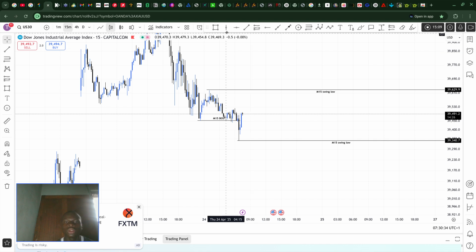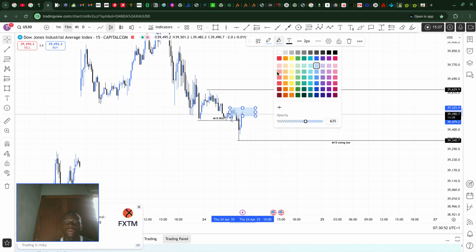Now I can take the entry from this point here. Everything has been mitigated. So let me take the entry from this point here, the supply zone from this point here.